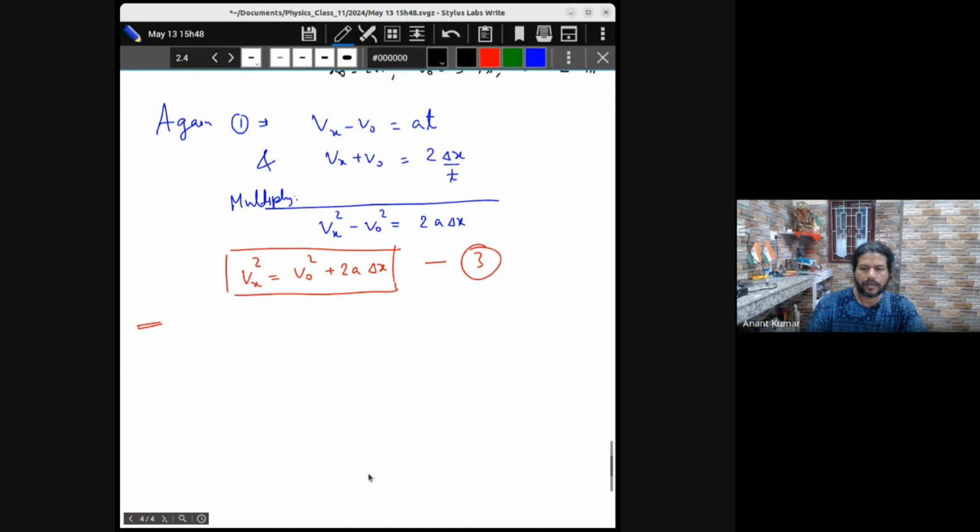So I was saying that motion under gravity basically, yes, before that we just take up a certain numerical question for the case of uniform acceleration.